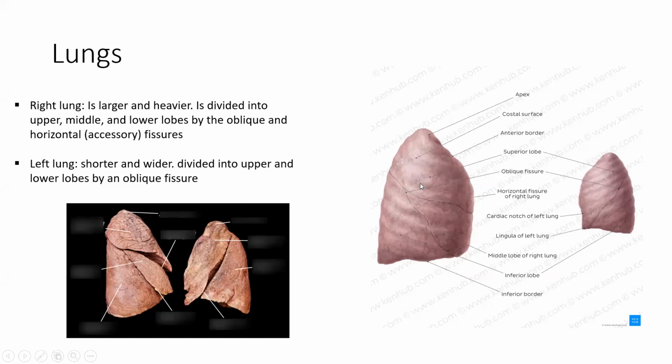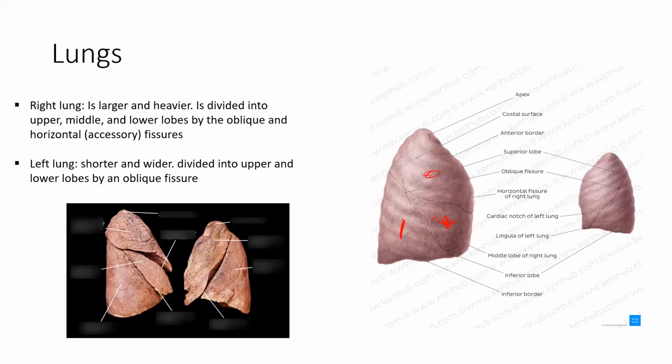In a previous slide, we saw that our right bronchus divides into three lobes. Similarly, our right lung divides into three lobes: the upper lobe, the middle lobe, and the lower lobe.